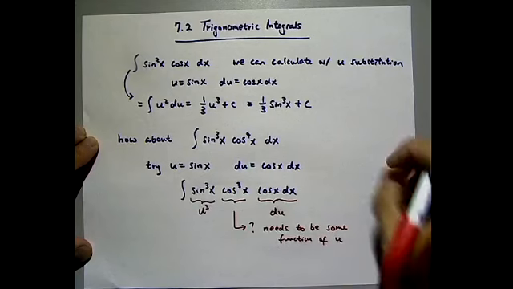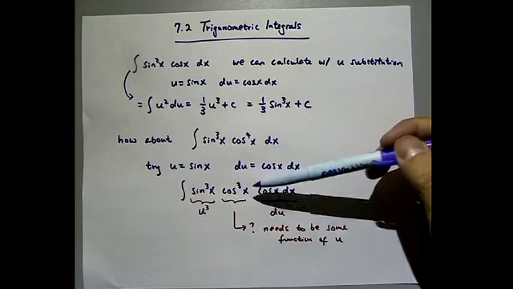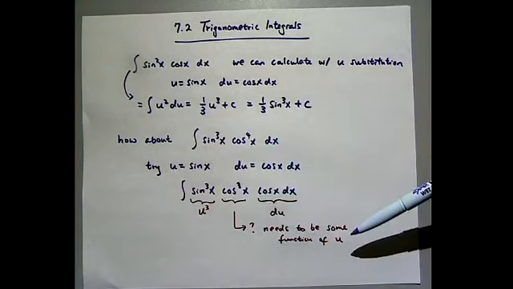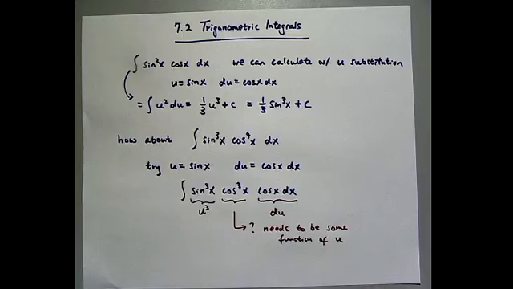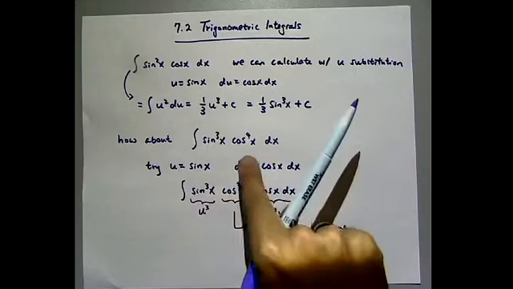Now the trouble here is, how do we write cosine to the power of 3 as some function of sine, which is our u, in order to integrate? We probably could do it, but it doesn't look that easy to do. So let's try if we switch the choice of u, switch it to cosine and see what happens.